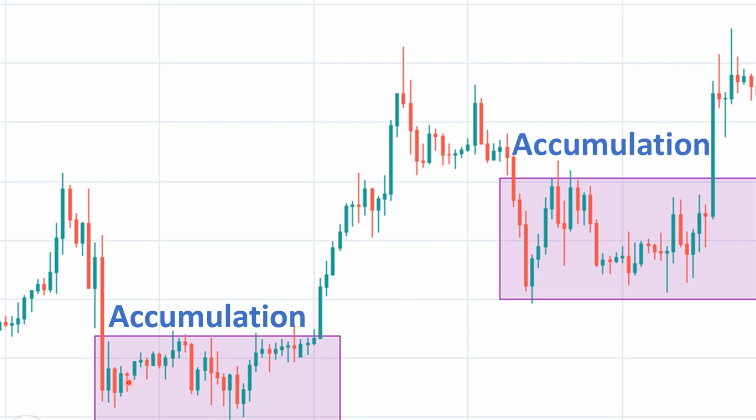It's important to note that the primary function of these large banks is to act as market makers. And so they make money by accumulating a long position here, then later selling off up here, or accumulating a short position here, then buying it back at a lower price.